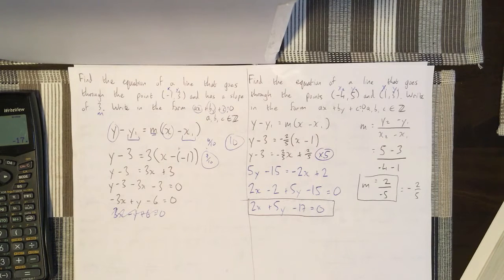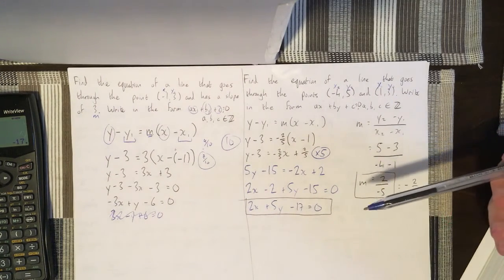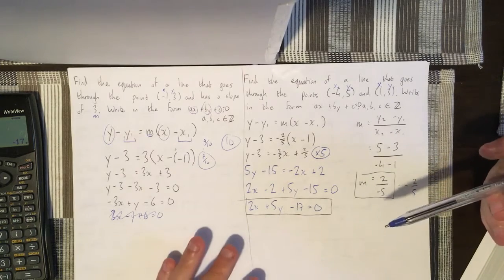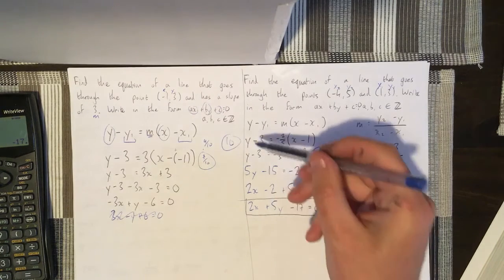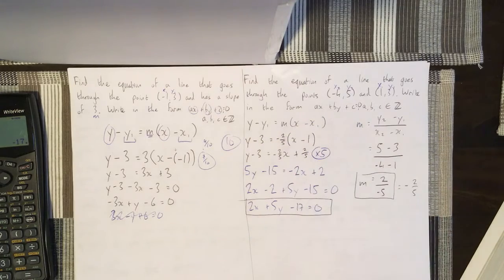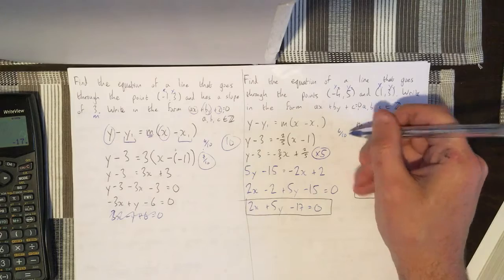This is probably even more important on this one than the last one, because there's more places on the kind of algebra and the getting rid of fractions that might trip people up. Okay, so just a reminder, when these come up, they're worth around about 10 marks. If you write the formula down and sub anything into the right place, it's 4 out of 10.